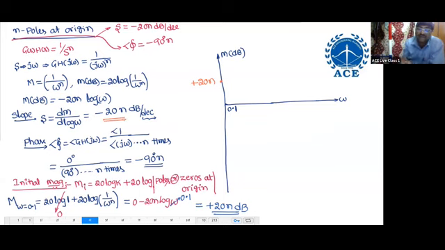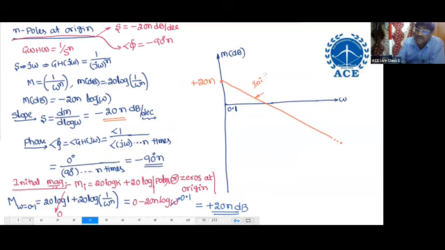Minus 20n dB per decade. Each decade, 20n dB should be decreased. Minus 20n means reducing magnitude. So simply draw a line like this, and write the slope.